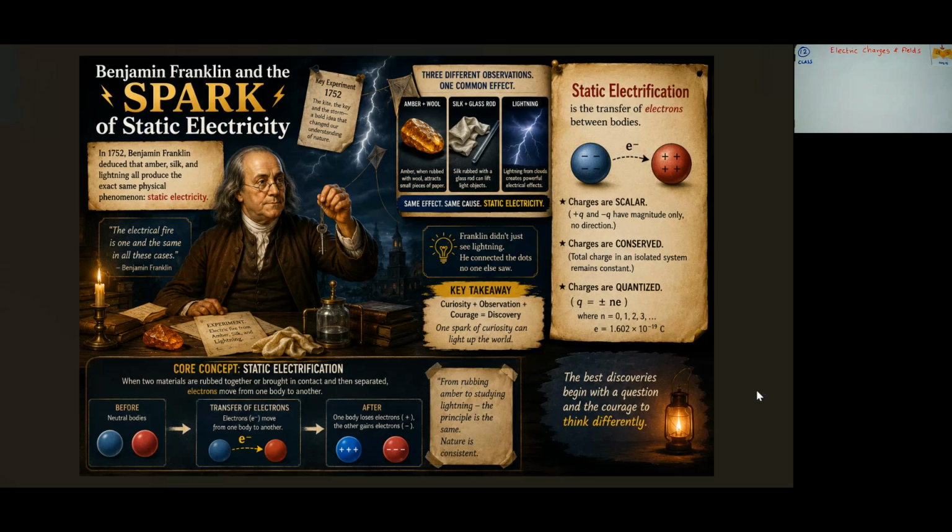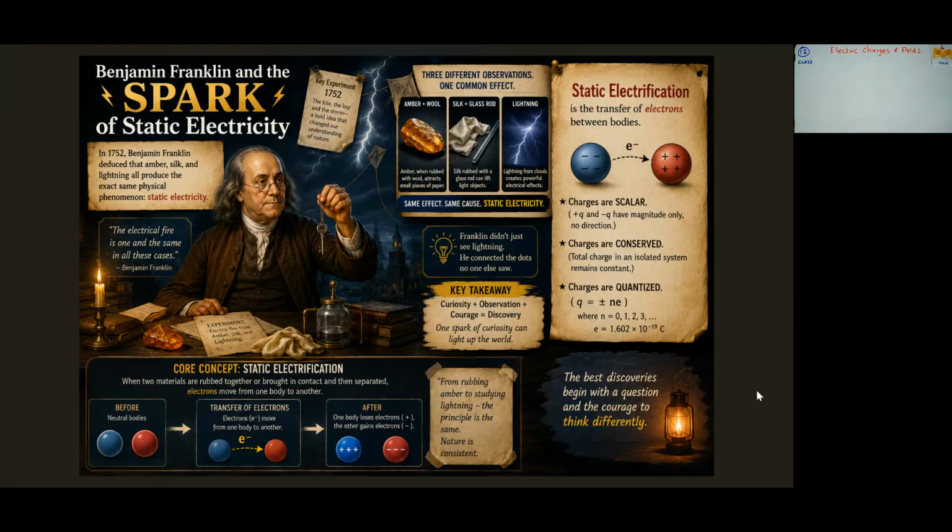Loose threads on the kite string suddenly shot up and repelled each other. When Franklin brought his knuckle close to the metal key, a bright spark jumped, shocking his hand.